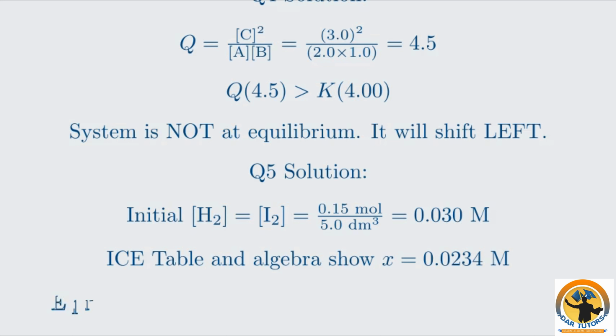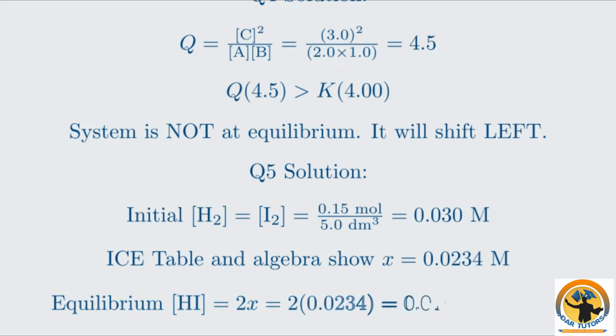The question asks for the concentration of HI. According to our ICE table, the equilibrium concentration of HI is 2x. So 2 times 0.0234 gives us 0.0468 molar.